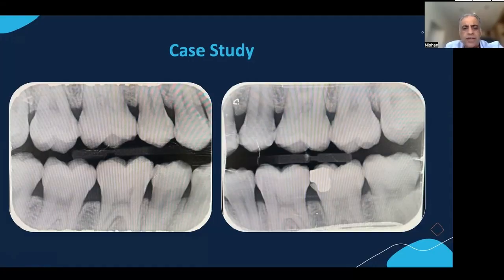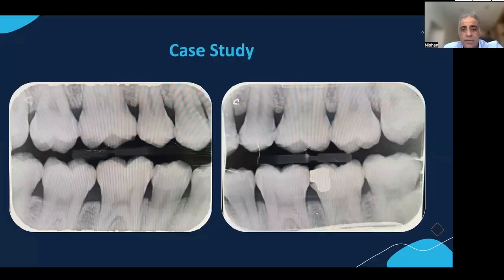He was recommended to see me for possibly some other work that he was interested in, but at the time he came in to see me, the lower six was giving him a few problems, and he was told nothing was wrong by his previous dentist. The problems were occasional sensitivity with hot and cold. The previous dentist had just said, look, everything's fine, X-rays are fine, just use some Sensodyne, it will settle down.